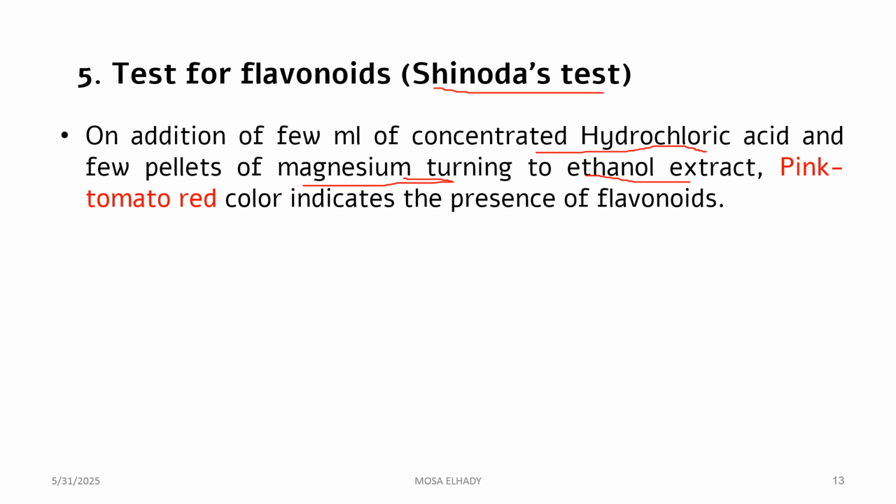After extraction and preparation, in the analysis step, we add the reagents, hydrochloric acid and magnesium pellets. In interpretation, we note the change in color to pink or tomato red, indicating the presence of flavonoids.